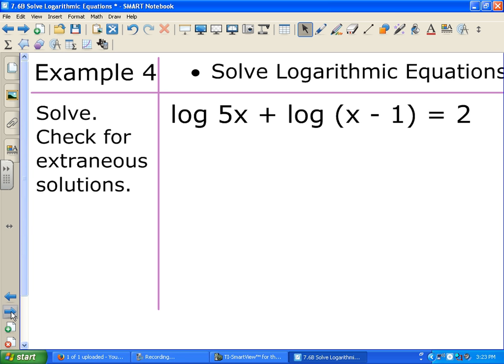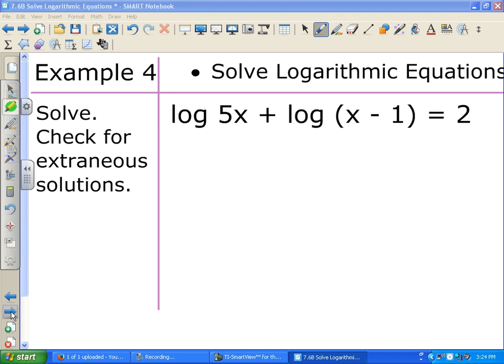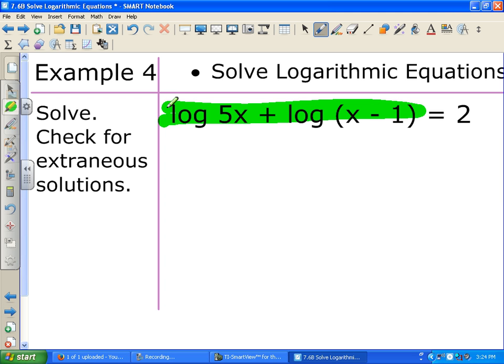The reason we did it is so that when we get to today's problem, I can solve it. I have log of 5x plus the log of x minus 1. The addition tells me that I have multiplication here. So my first step when I have an expression like this is to rewrite it.